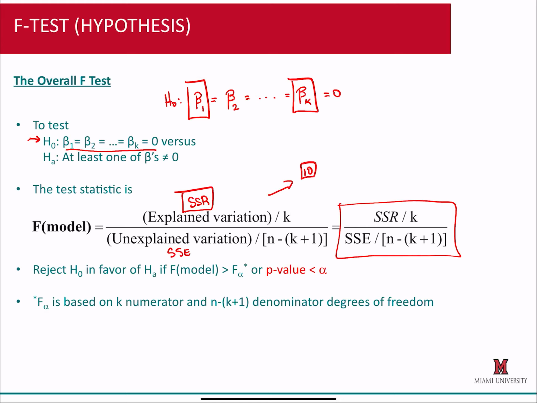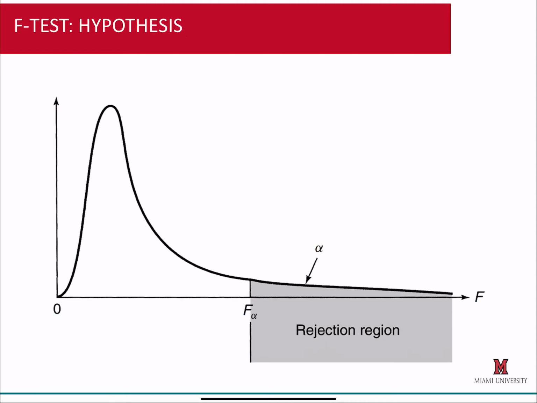So the nice thing of that F statistic is that it has a distribution. As long as the assumptions of the regression model are met, and remember what those assumptions are, then the F statistic behaves as an F distribution with k degrees of freedom in the numerator and n minus k plus 1 degrees of freedom in the denominator.